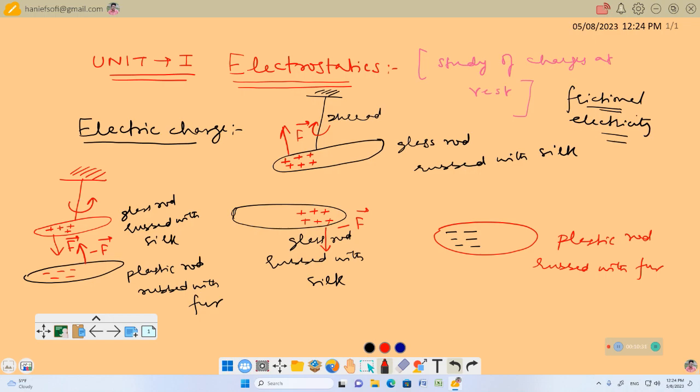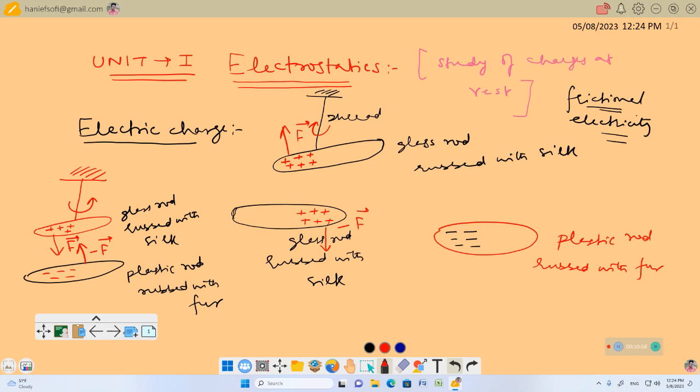I should tell you, if you create charge in any body by any means, you will always get these two situations. Either the two charged bodies repel each other or they attract each other. So we say there are two kinds of charges.